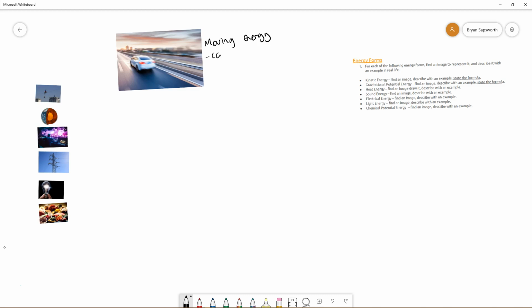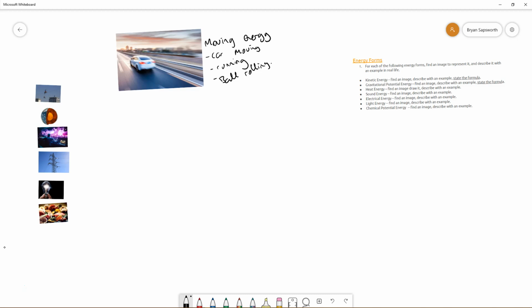You could have a car moving, you could have running, you could have a ball rolling. So any sort of example like that. There's actually two types of kinetic energy there too, a rotational and a linear one. So we've got our image, a fast moving car, describing an example.